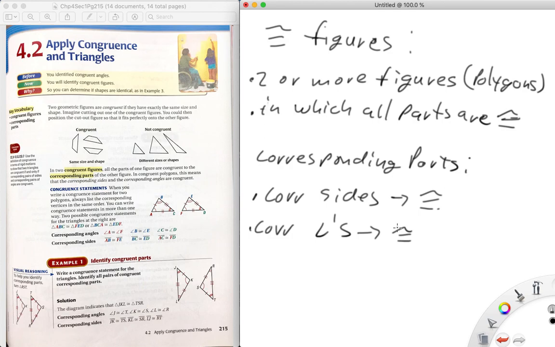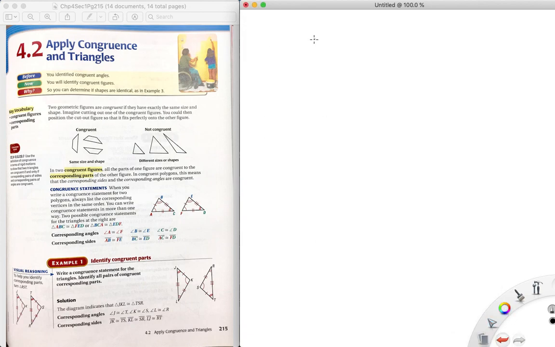Okay, so here we have triangle ABC. Actually, let's do it like this: A, B, C, and then we have triangle EFD.